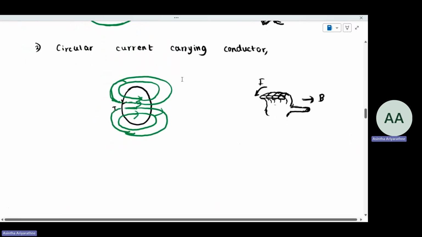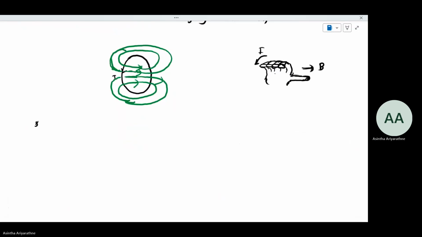So let's consider the third one as a coil. Magnetic field around a coil, inside a coil, or inductor.